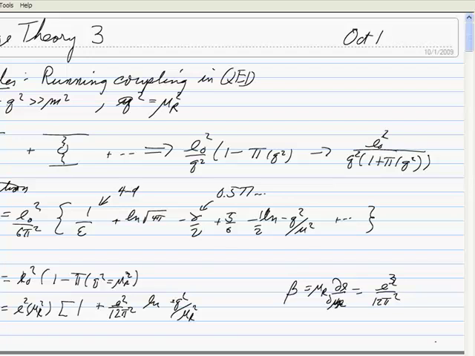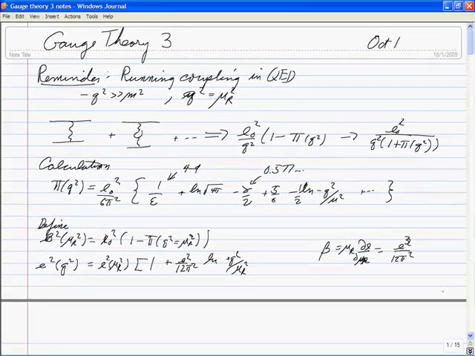Are all my factors right? I think so. Okay, so there's our running coupling constant in QED. It all comes from the vacuum polarization function. It runs, we've renormalized at some scale mu r, etc. Okay.